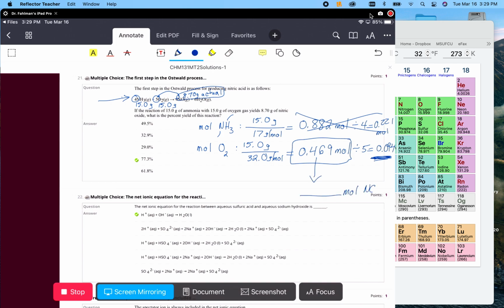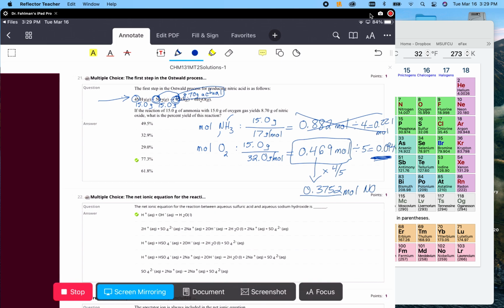If we want moles of product, we are going to have to multiply by 4, divide by 5. So that is 0.469 times 4 divided by 5, which gives you 0.3752 moles.